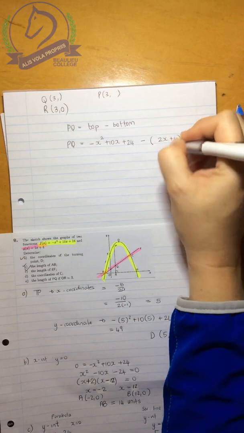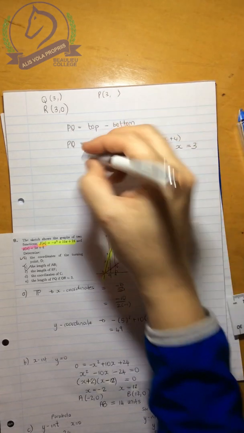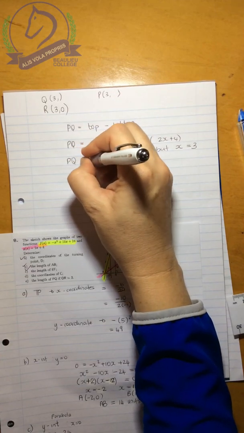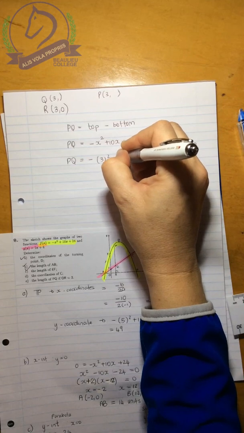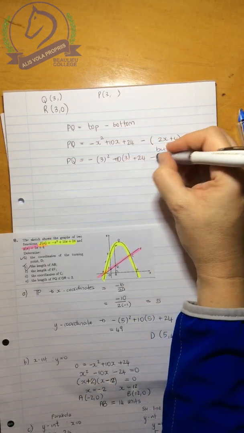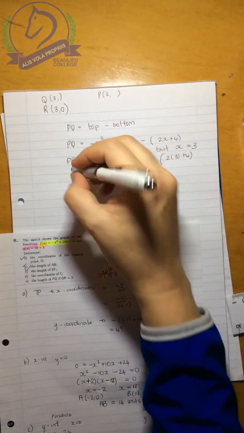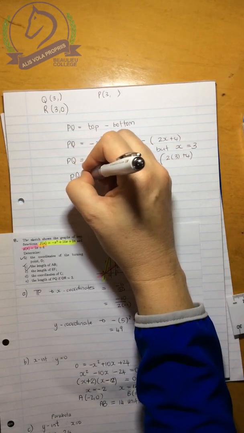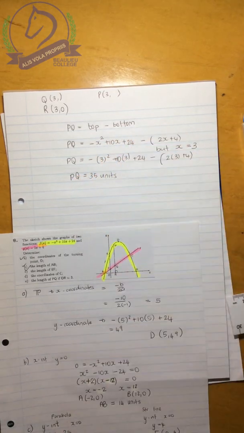But what do I know? x is 3. So PQ is minus 3 squared plus 10 times 3 plus 24 minus 2 times 3 plus 4, and I'm sure you all can work that out. That works out to be 35 units. Now that's all for question 8. I hope you get it.